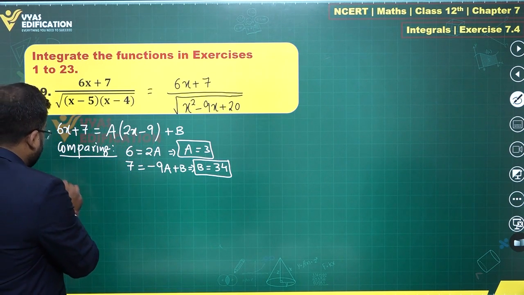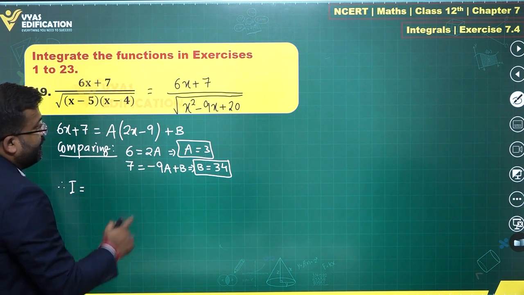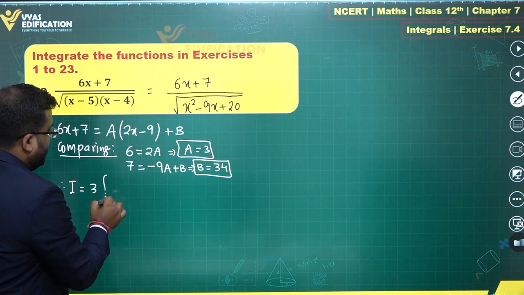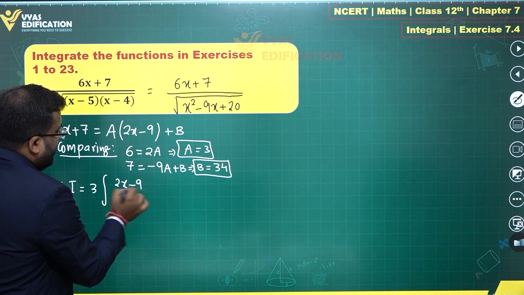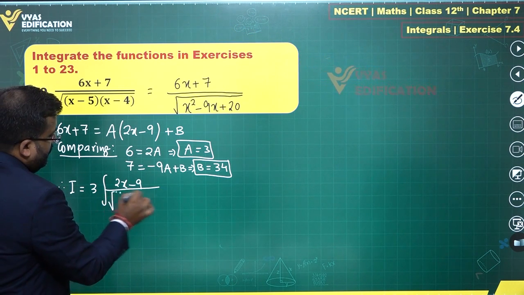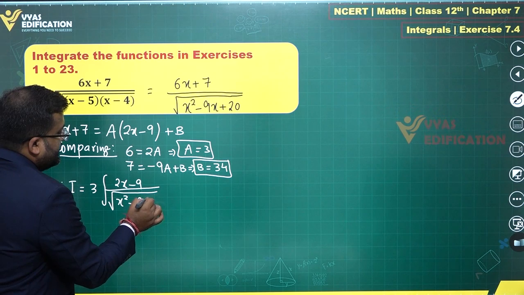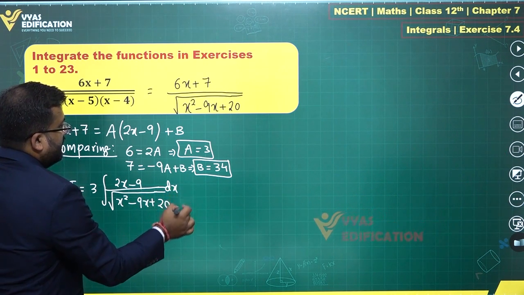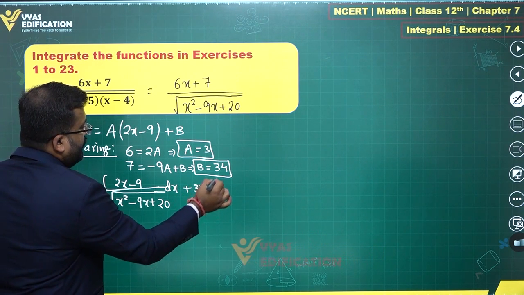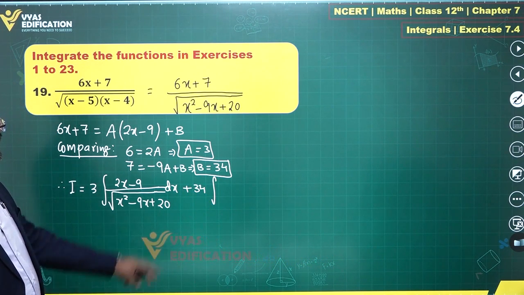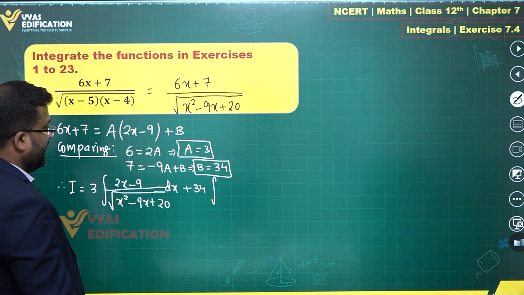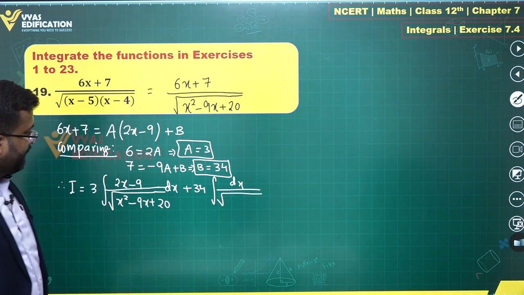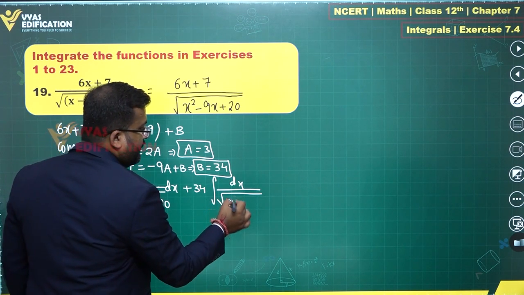So therefore I is equal to a times 2x minus 9 upon this, which is 3 times integral of (2x minus 9) upon under root of x square minus 9x plus 20 dx, and plus b, which is 34 times integral of dx upon under root of that whole expression, which is x square minus 9x plus 20.